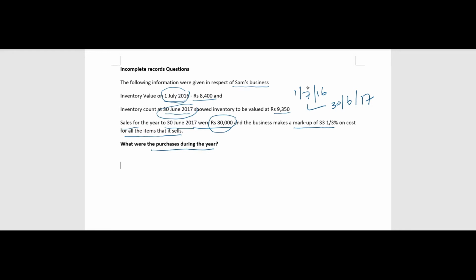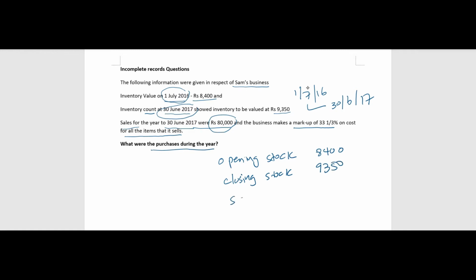Now in this question, you are given the opening stock as 8,400 and the closing stock as 9,350.